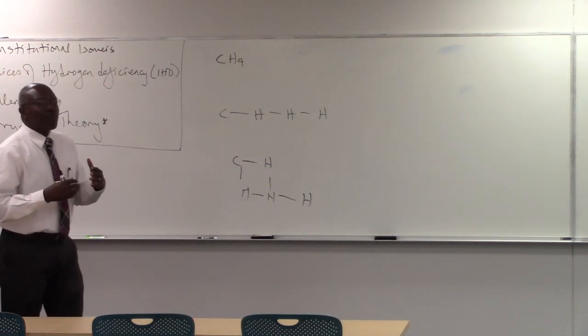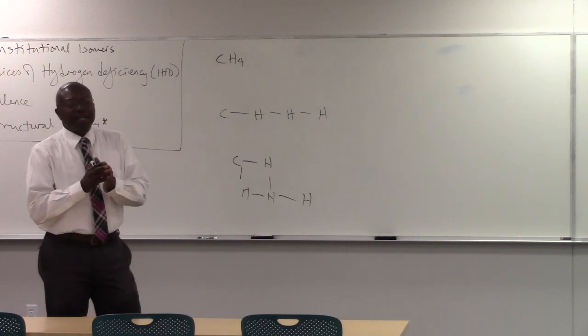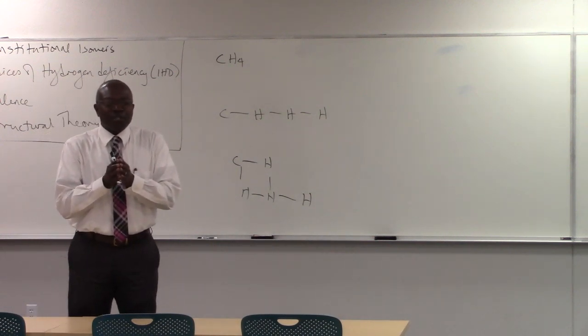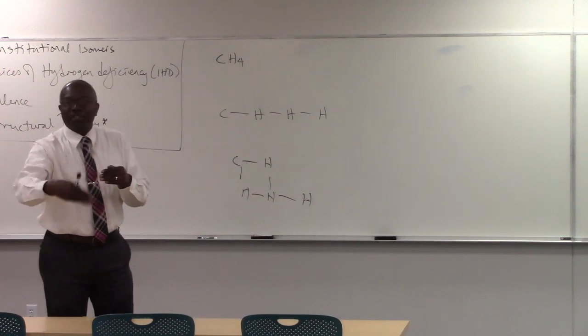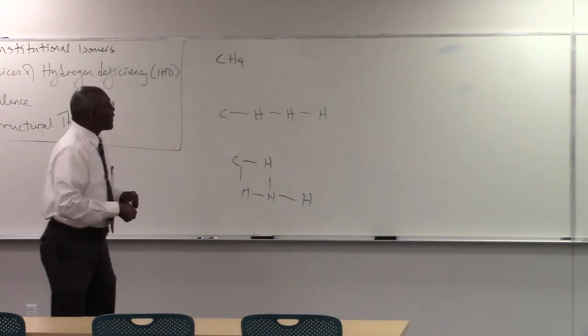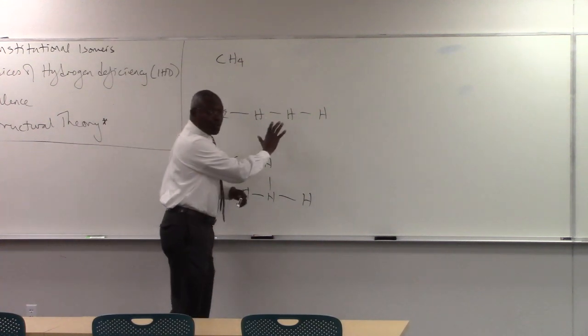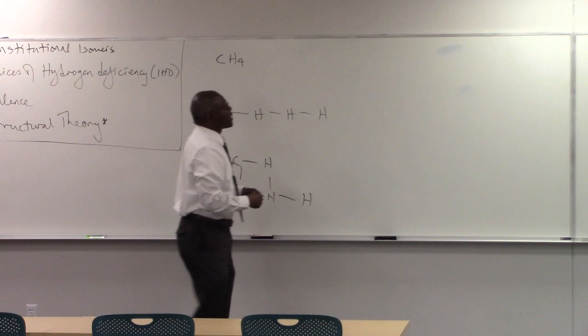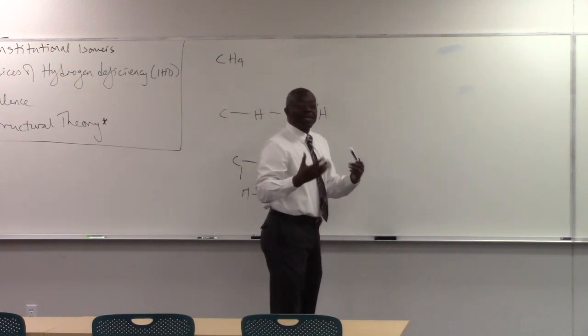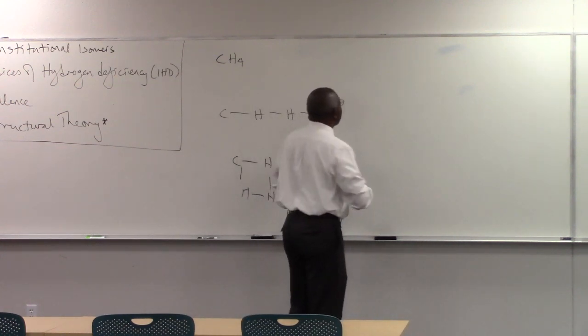The structural theory is a series of rules that allow us to make good judgments about what kinds of structures we can draw. I'm going to leave this on the board for a second to show why they disobey the structural theory, and I'm going to write down one of the basic precepts of the structural theory.